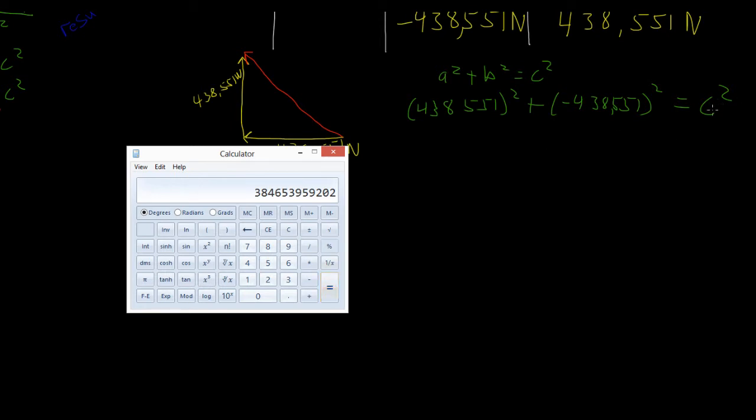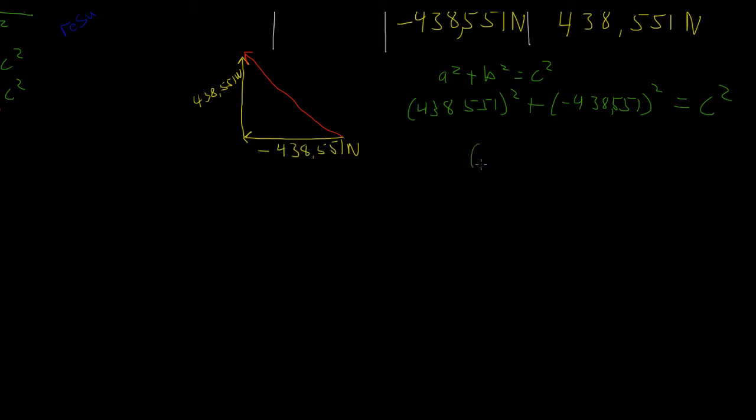Now this is telling me c squared, so to find just c I need to take the square root still, and I get 620,204. And that's c, because remember we took the square root of both sides so that we could get just c.